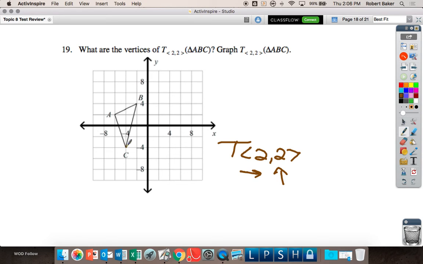Ready? Did you fall for the trick again? Because look how this graph is counting. 1, 2, 3, 4, 5, 6, 7, 8. The graph's counting by 2s. So it's over 2, up 2. You can't be switching the graphs like that on this.